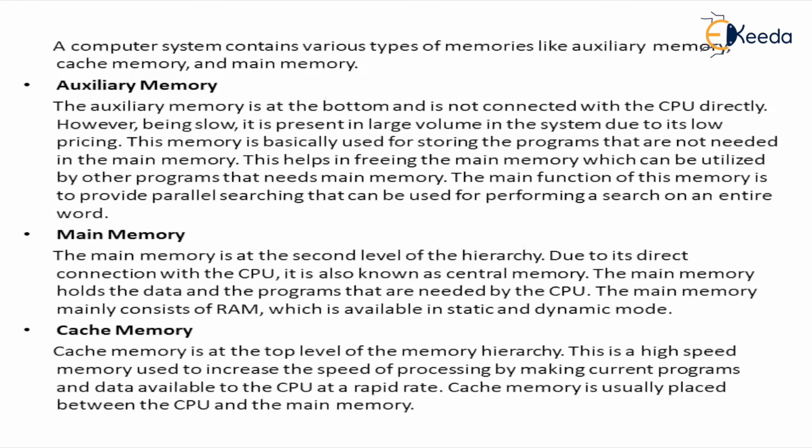Cache memory is usually placed between the CPU and the main memory. You should understand the importance: the CPU requires speed for processing the data and the CPU is connected to the memory, so cache memory is placed between the CPU and the main memory so that it can process the data at a very, very high speed.